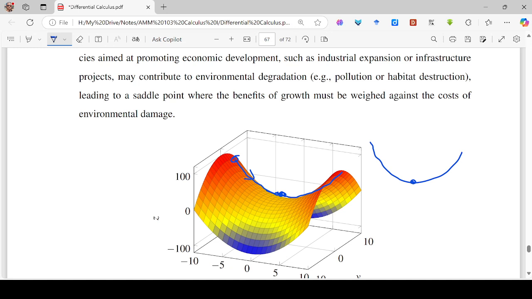But imagine somebody else moving along this direction. This person will be climbing up to this point here and then descends on the other side. So the person will feel that they are passing through the maximum point. A point that behaves this way, we call it the saddle point.